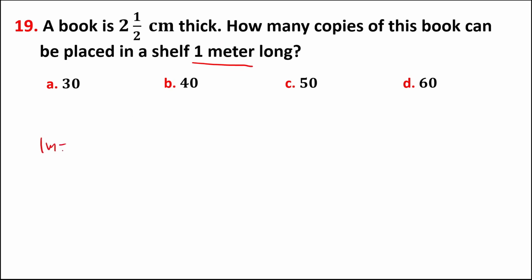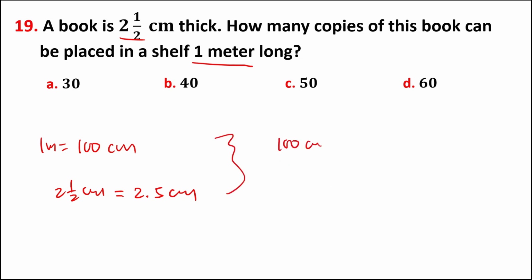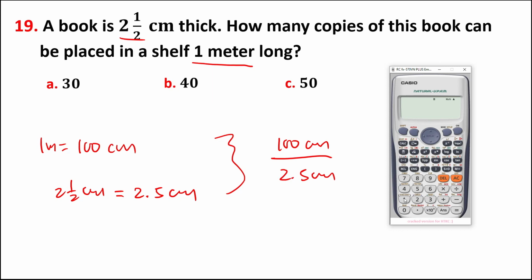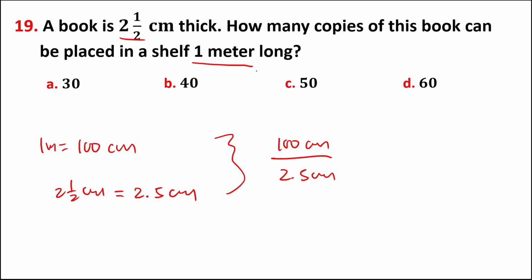Since 1 meter is equal to 100 centimeters, and the book is 2.5 centimeters, therefore this is 100 centimeters divided by 2.5 centimeters. So 100 divided by 2.5 equals 40.